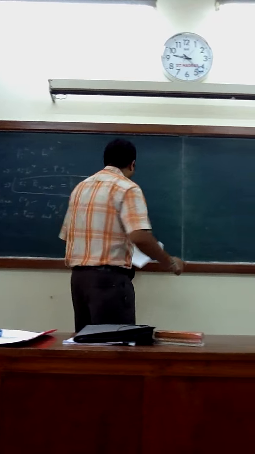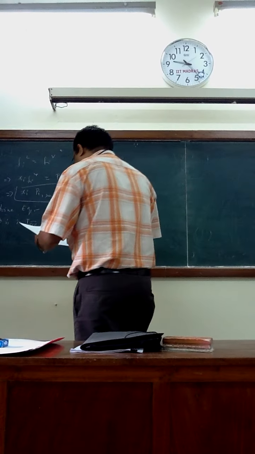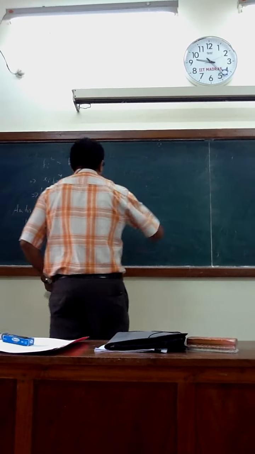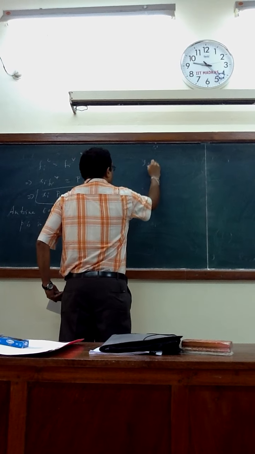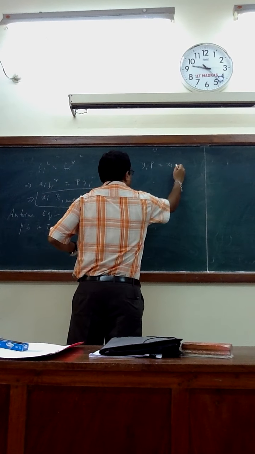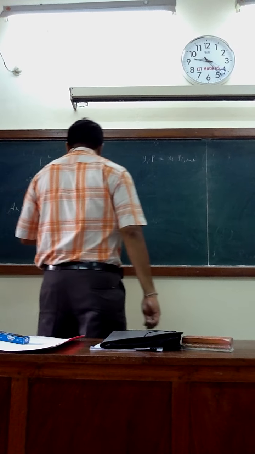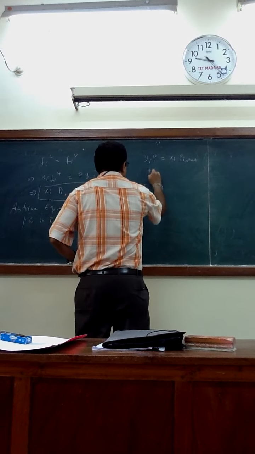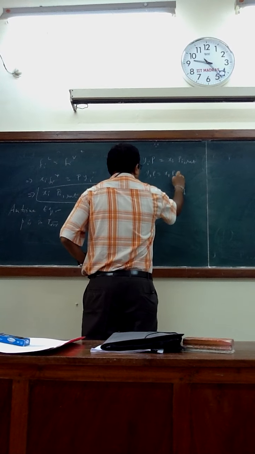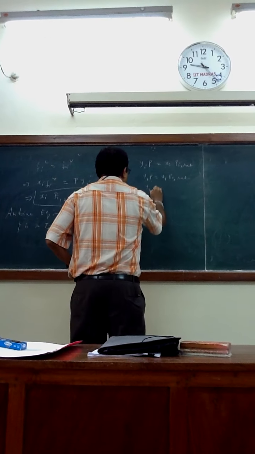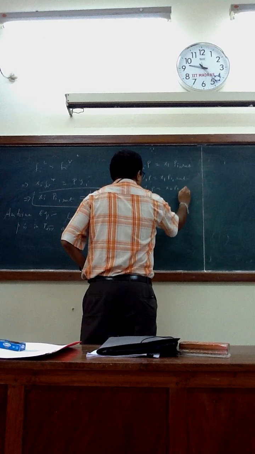For the Pxy diagram, we do a slight derivation from Raoult's law. We have y_i P equals x_i P_i sat. That means y1 P equals x1 P1 sat, y2 P equals x2 P2 sat.